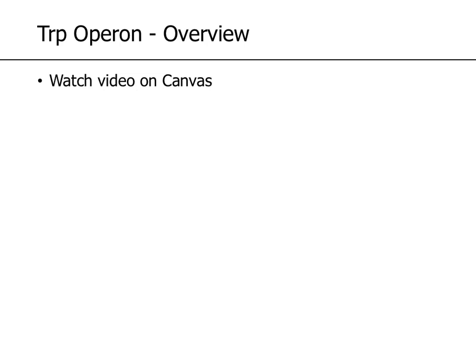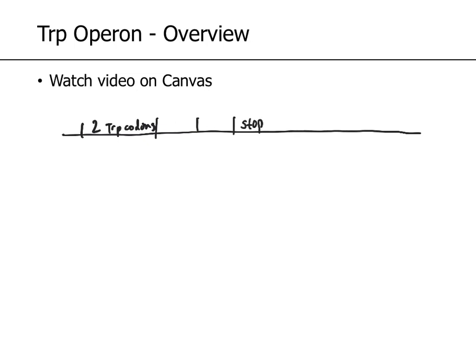Okay, again, there's a video on Canvas. I'm just going to draw the attenuator again, because that's the most unique thing about this one. So essentially you have the two trp codons here. You have region 1, there's a stop codon here.